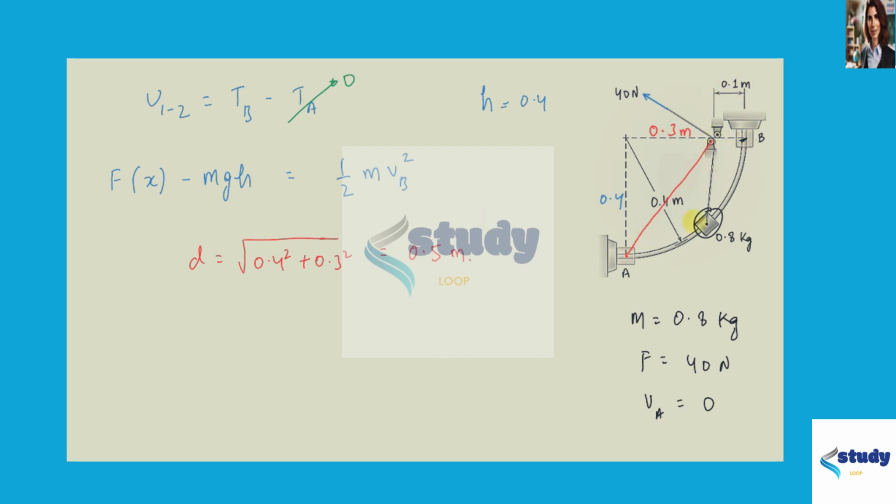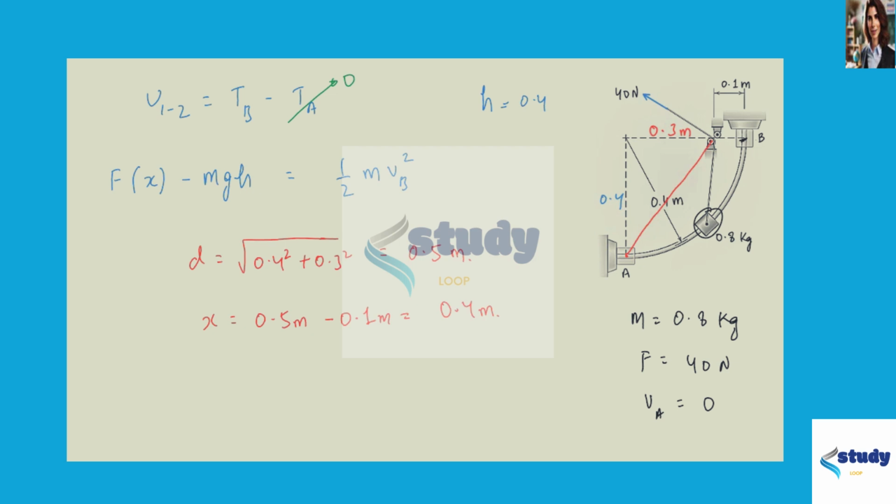So the distance covered by the collar, x, would be 0.5 meter, the length of the rope at point A, minus 0.1 meter, the distance at point B, which equals 0.4 meter. So this is the distance covered by the collar.